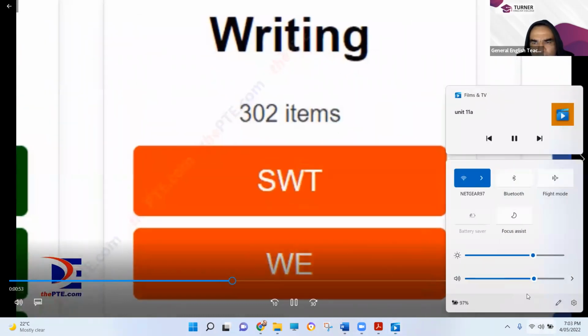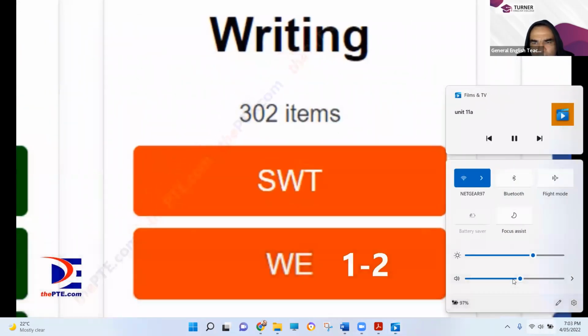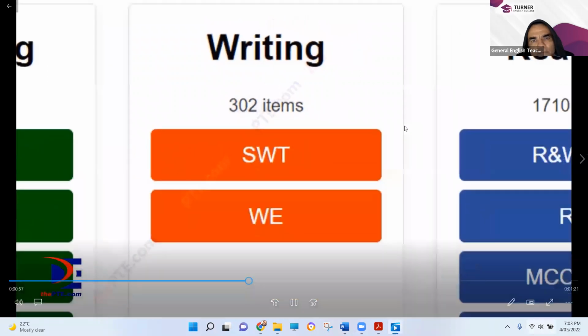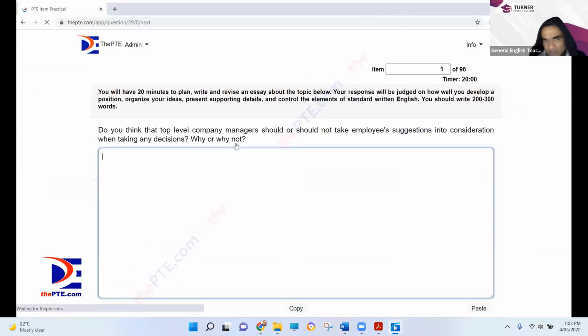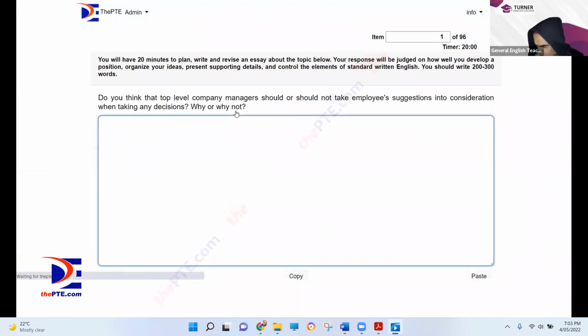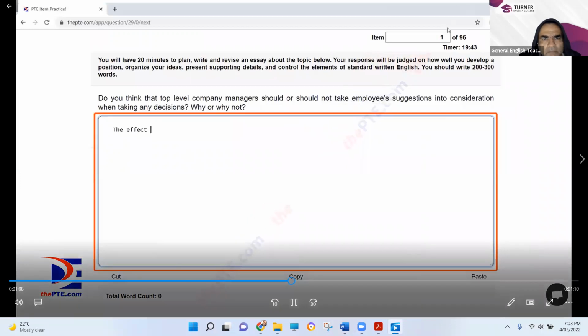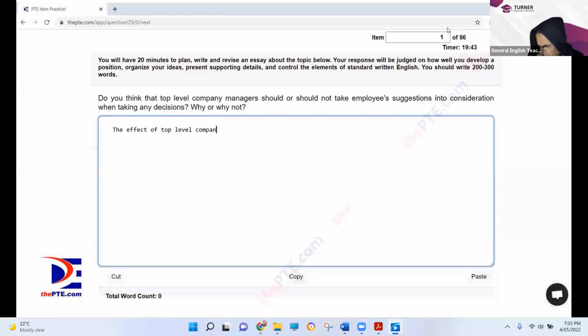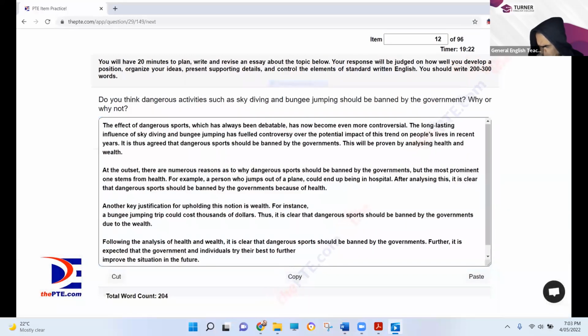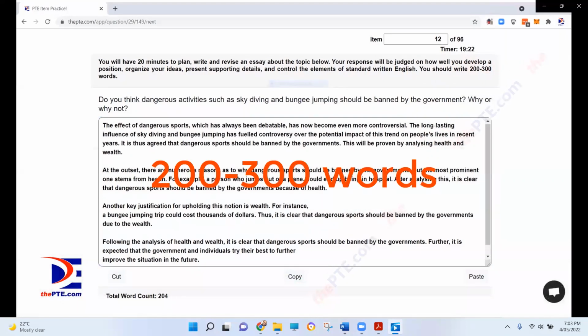You may have 1 or 2 essay topics in your PTE test. You will be given 20 minutes to come up with ideas and, of course, to type your answer in the space provided under the given essay topic. Your essay should be between 200 to 300 words long.